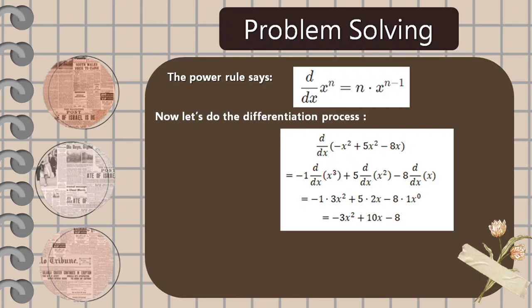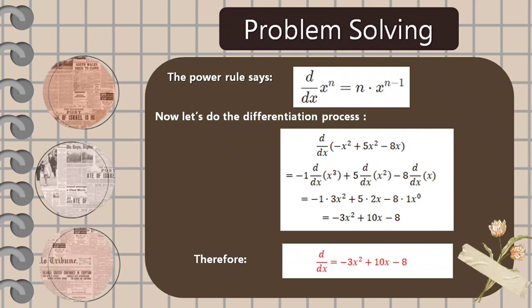Then, the application of the power rule gives negative 1 times 3x squared plus 5 times 2x minus 8 times 1x to the power of 0. And the answer will be negative 3x squared plus 10x minus 8. Therefore, the derivative of negative x to the power of 3 plus 5x squared minus 8x is negative 3x squared plus 10x minus 8.